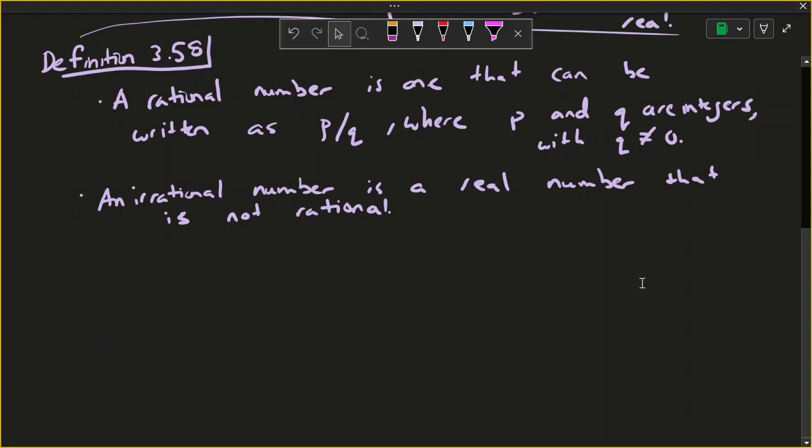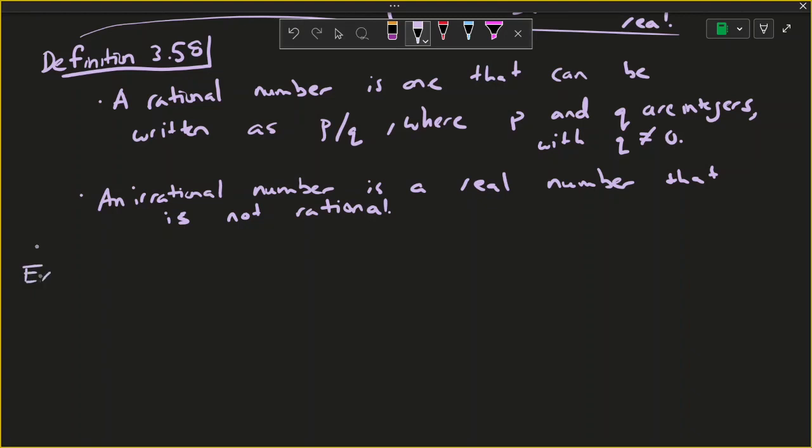Your book does a classic proof of proving that square root 2 is irrational. They present two proofs, so I'm not going to do that one again. I'll do a different problem involving rational and irrational numbers.